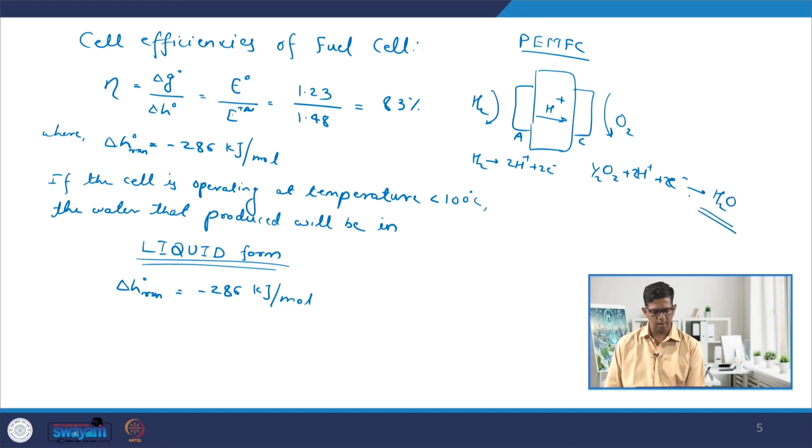So, this water which is produced at the cathode, if the cell temperature T is less than 100 degrees Celsius, will be produced in the liquid form.